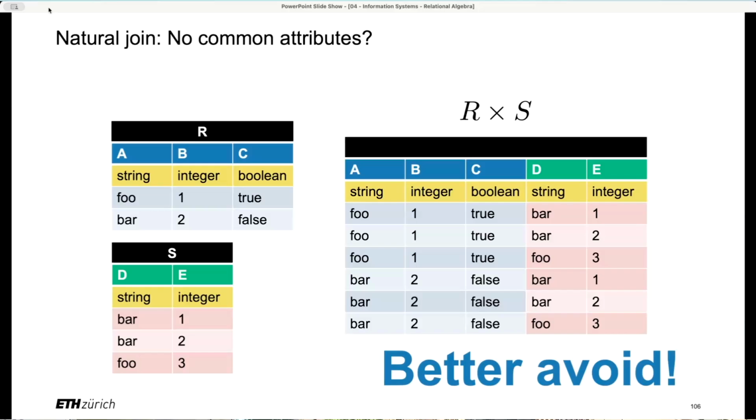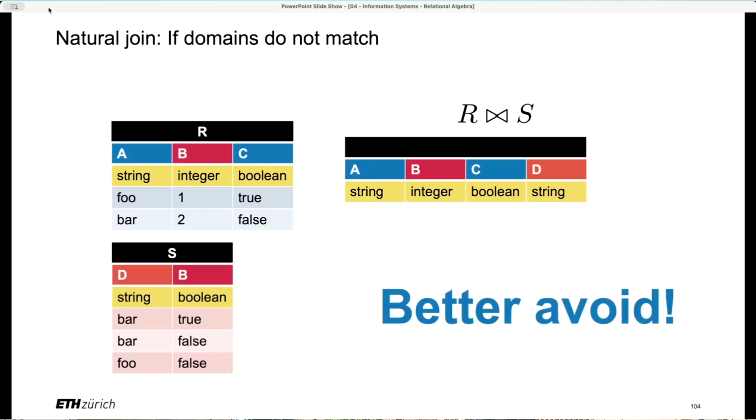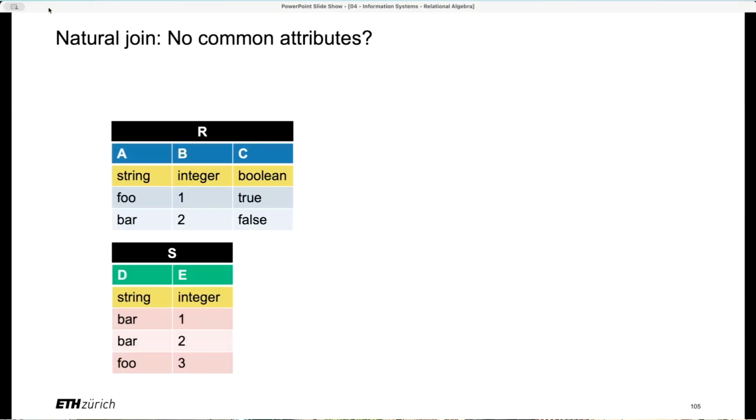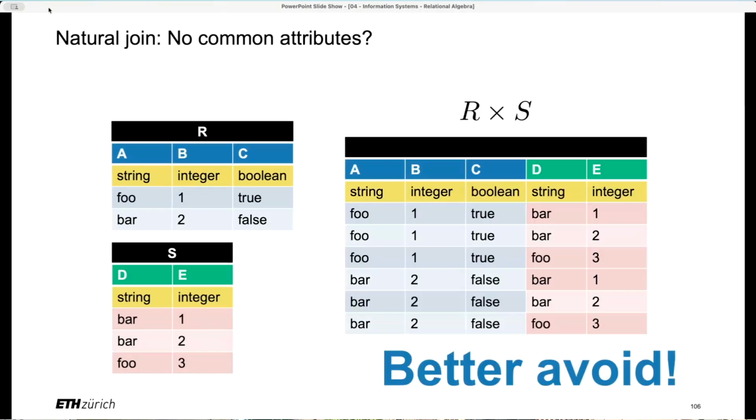So it means that it's going to preserve all the combinations. But again, I wrote in very big letters, better avoid, because you should not be doing this. It's only for mathematicians that might like to take formality even to the corner cases. But in this class, we should avoid that. We are not going to do anything like this.